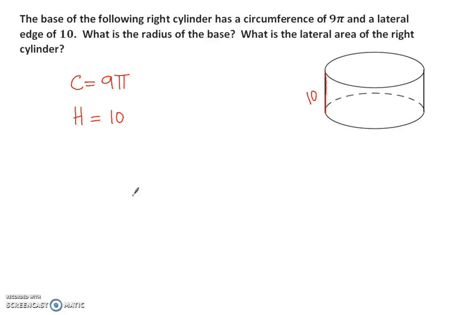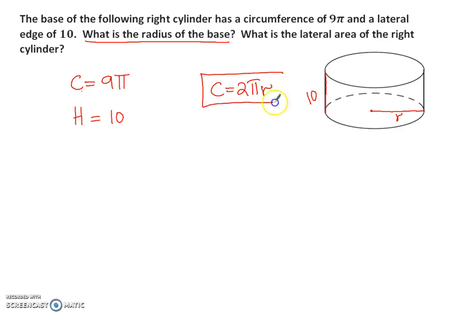So what's the first question we have to find out? What's the radius of this base? We have that the circumference is 9 pi. We know the formula for circumference is 2 pi r. So 2 pi r, or the circumference, is given to be 9 pi. If you solve this equation, you can find the value for r.